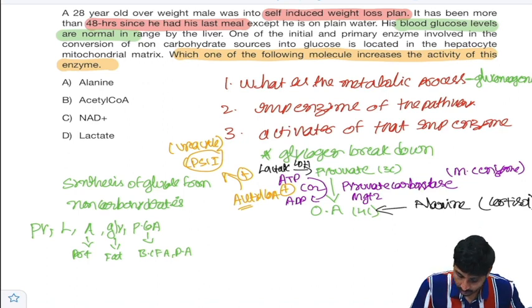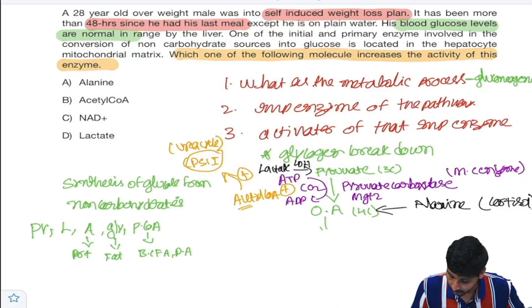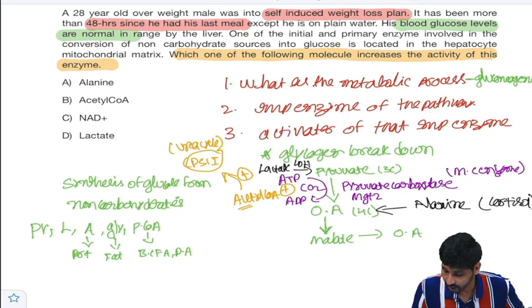This is the mechanism of how things work, and now we will see further metabolism. This synthesized oxaloacetate will further be converted to malate, and this malate is again converted to oxaloacetate. This oxaloacetate enters into the cytoplasm, and it will be converted back to phosphoenol pyruvate.